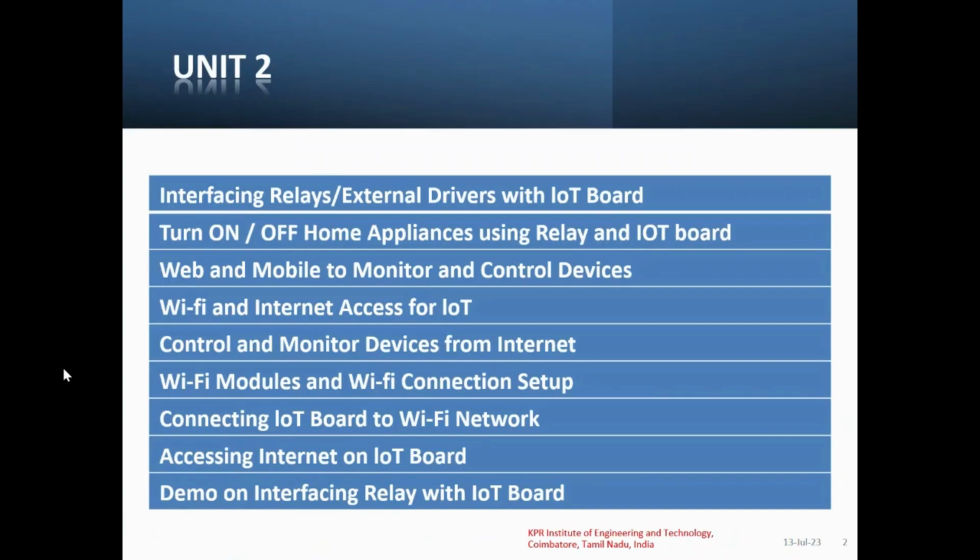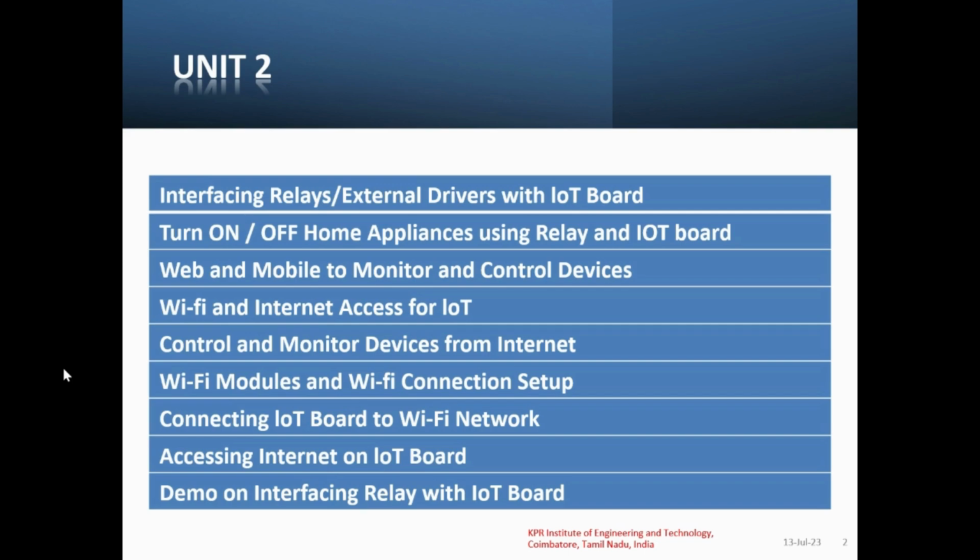It comprises many things, which include interfacing of relays or external drives with IoT boards. IoT boards may be Arduino, Raspberry Pi, etc., the development boards. Then we are going to see the turning on and off of simple home appliances using relays with the help of IoT boards.